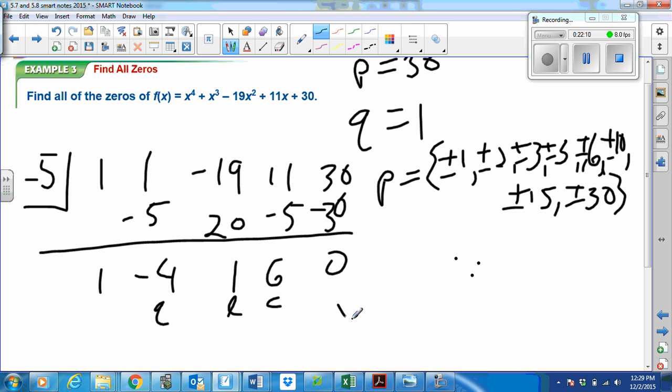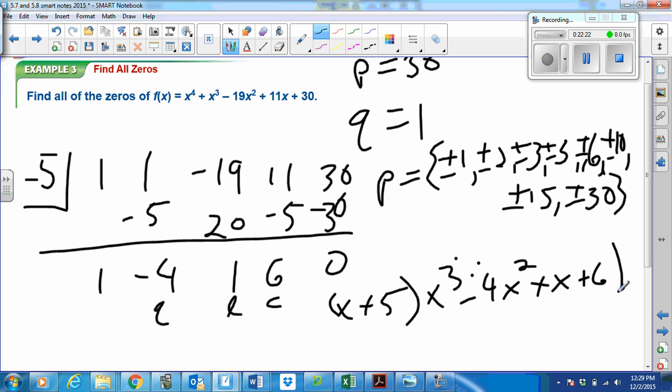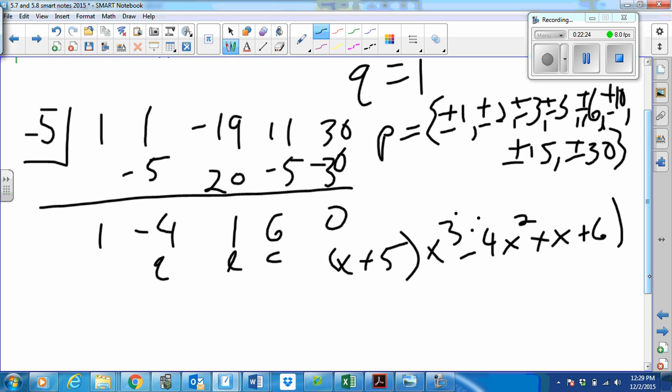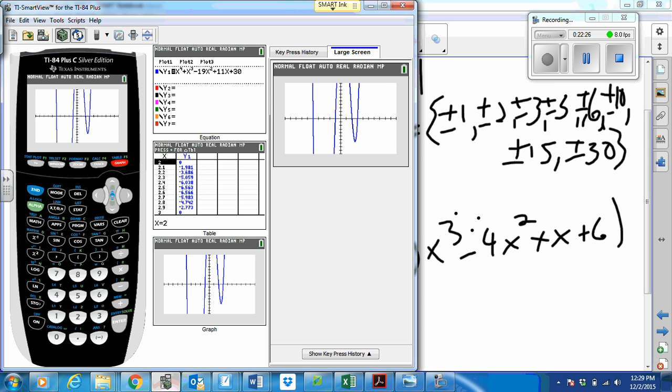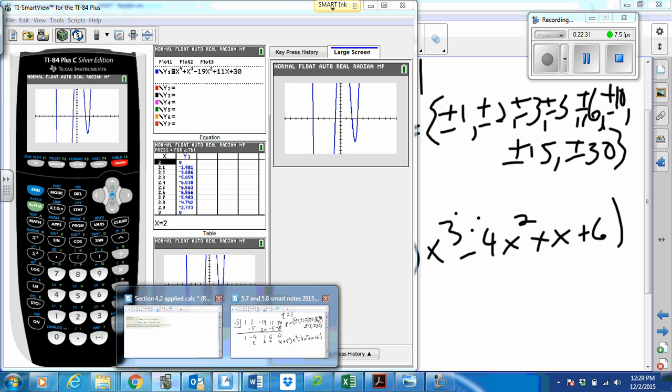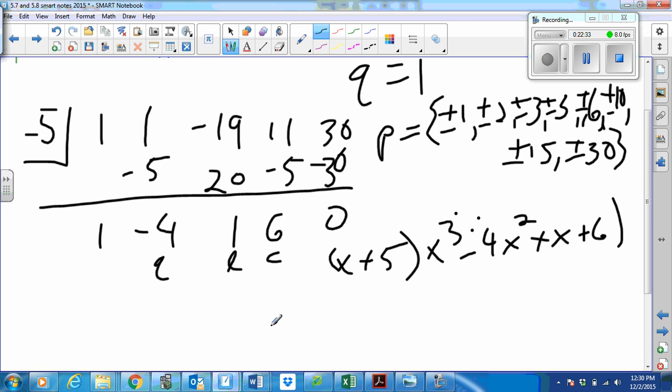And so we now have x plus 5 times x cubed minus 4x squared plus x plus 6. Well, we continue on from here and go back to the graphing calculator and say, okay, well, negative 1 is also one of our roots. And so I'm going to continue from here.